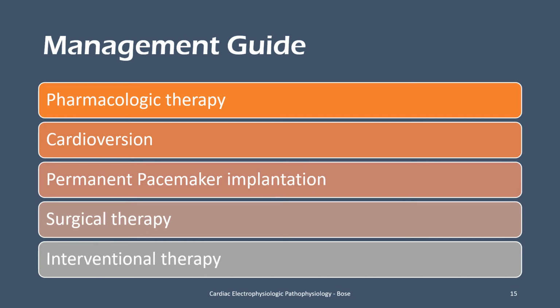In patients who do not respond to either pharmacologic therapy or cardioversion, a permanent pacemaker can be implanted. Additionally, in certain cases of arrhythmias, surgical options are available as an intervention.